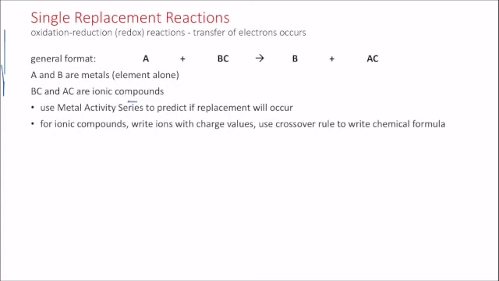In a single replacement reaction, these are examples where you have redox and transfer of electrons occurs, but this is a general format for single replacement. You could call it single replacement or also displacement, and either way, something is being replaced, something is being displaced.